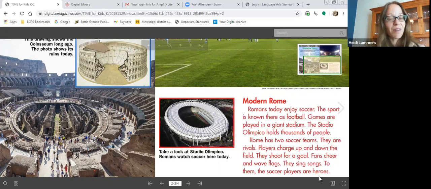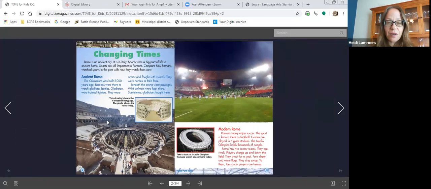So notice the author just made a comparison there. In ancient old Rome, the gladiators were heroes. And in modern Rome, the soccer players are heroes. I think the author did a great job explaining similarities and differences to us between the old and the new.